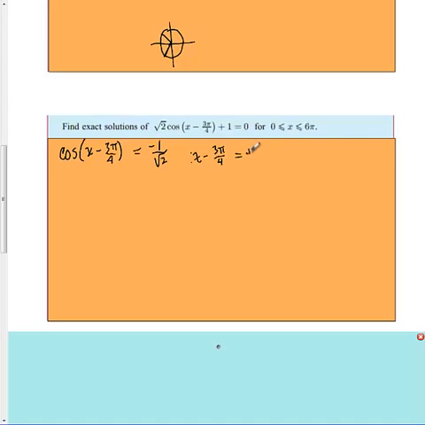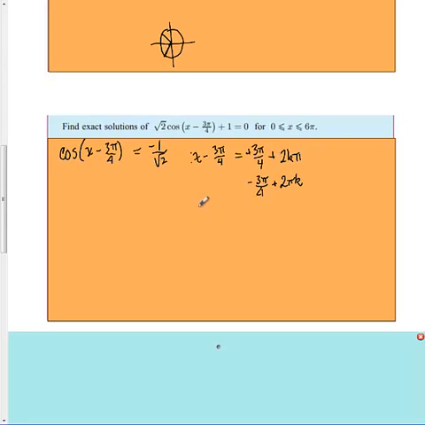So we'll say plus 3 pi over 4 and minus 3 pi over 4. And each of those has the possibility of adding multiples of 2 pi k, sorry, multiples of revolutions around the circle.